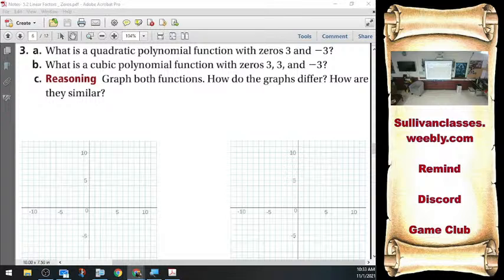Just put that in the calculator. Remember, the directions do say what is a quadratic and a cubic. Yes, you can graph by just writing the factored form, but you have to write what the function is.